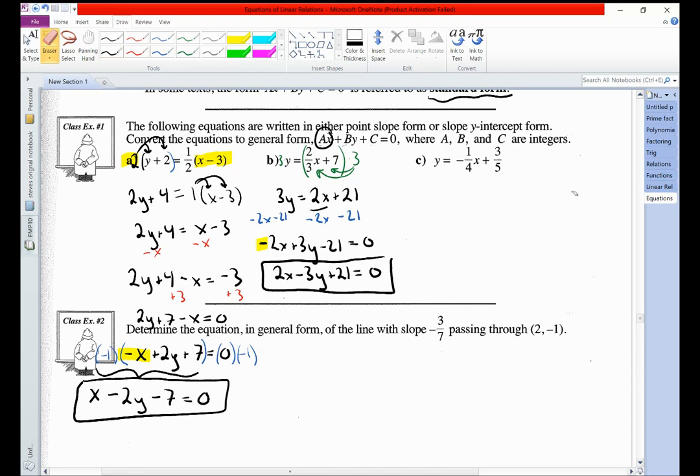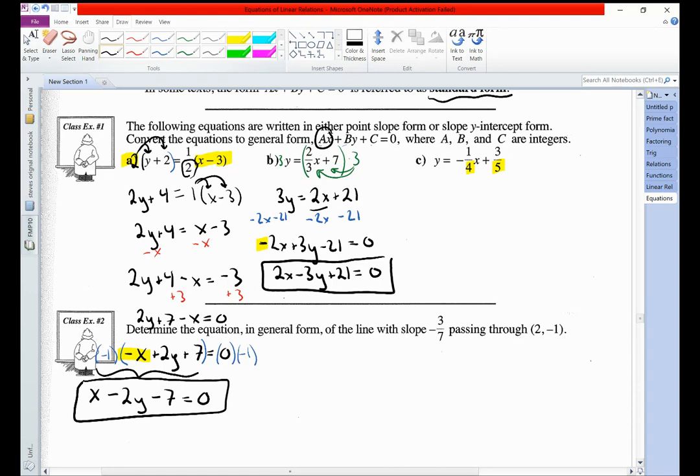So this is where things get weird. In the last two examples, we had a fraction. We had 1/2, and we multiplied both sides by 2. In the second equation, or B, we had a fraction where the 3 was the denominator, and we multiplied both sides by 3. In the third one, we have two denominators. We have 4, and we have 5.